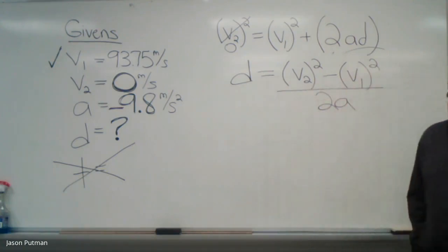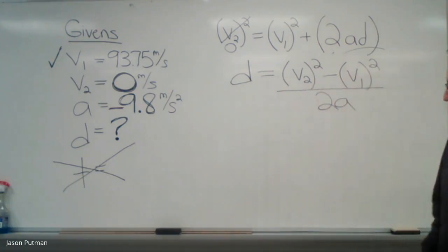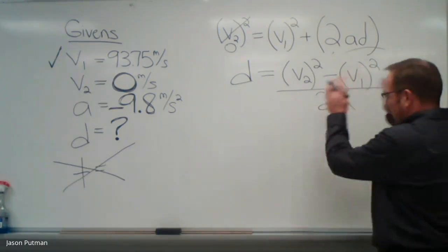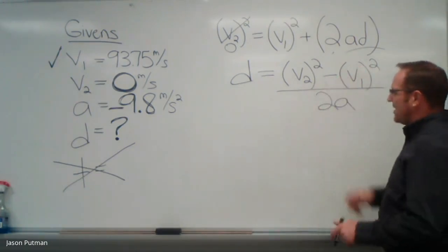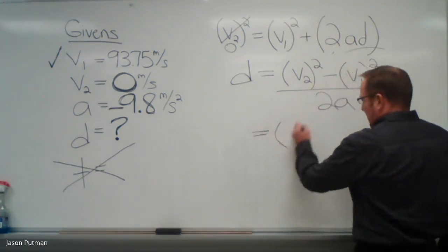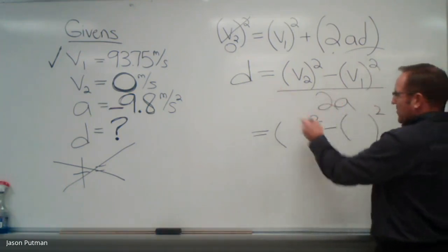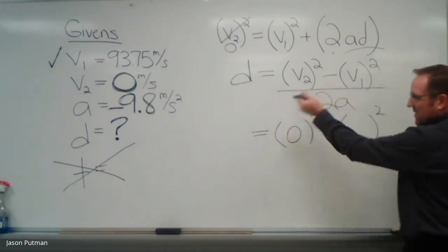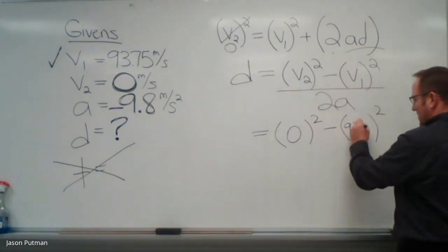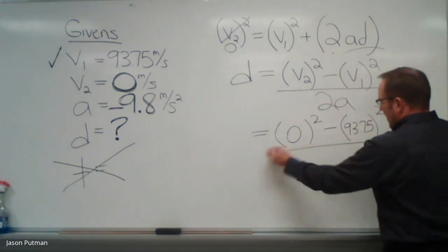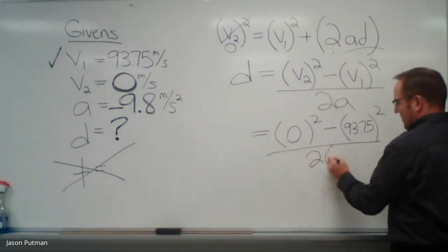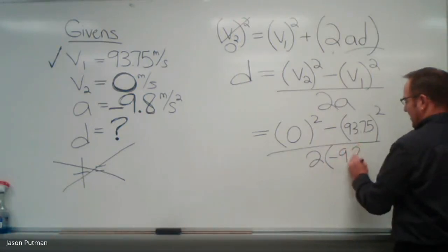University is going to make you do that. They're not going to let you fool around with all these little steps. They're going to say, isolate the formula first so that you just sub into it one time and you get your answer. So they're going to want you to show that you're going to do 0 squared minus 93.75 squared, and you're going to divide it by 2 times A, 2 times negative 9.8.